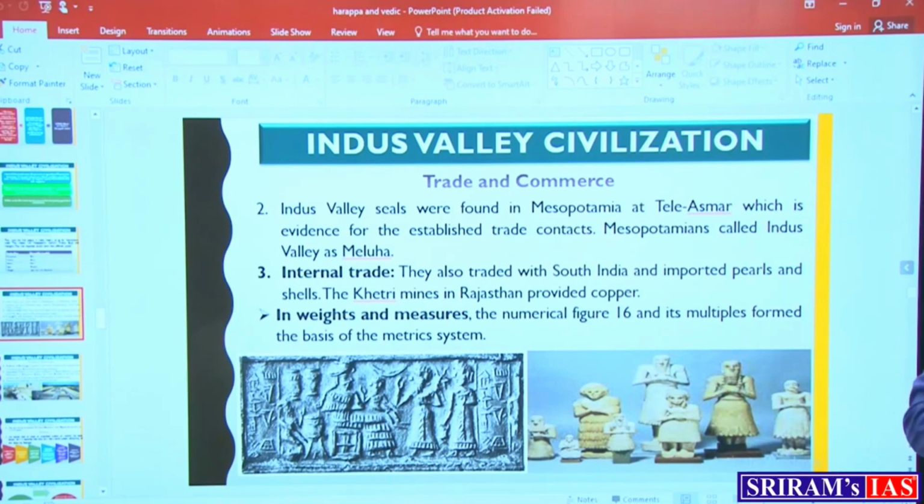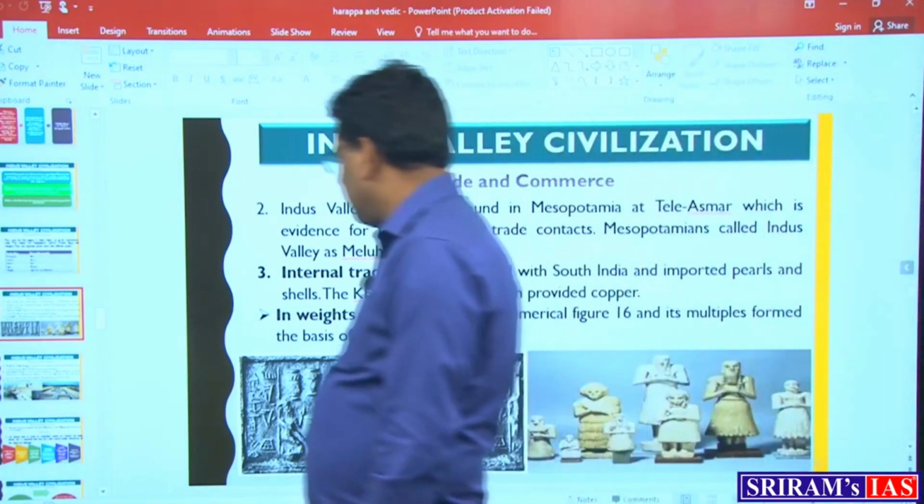The Mesopotamian script, which was found on the seals, describes so many cities which were intermediate points of trade between Harappans and Mesopotamians.